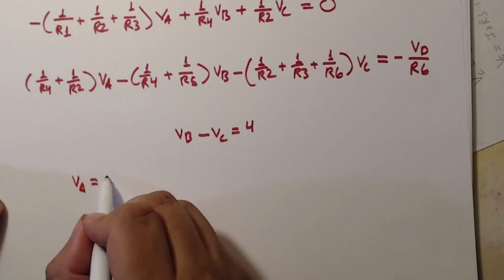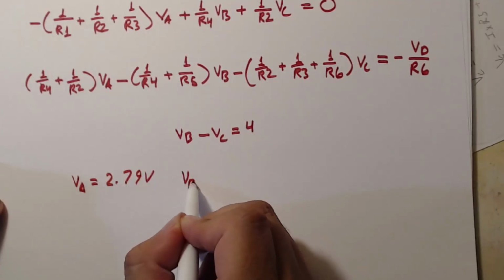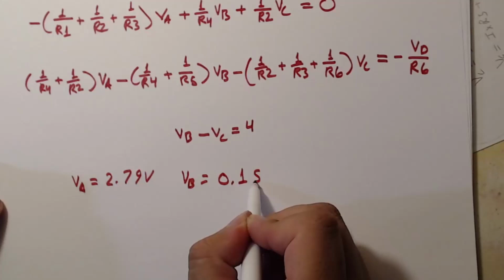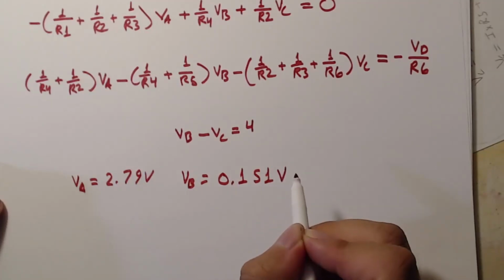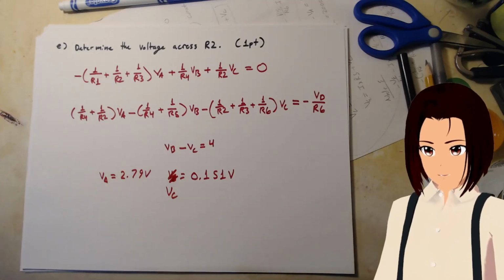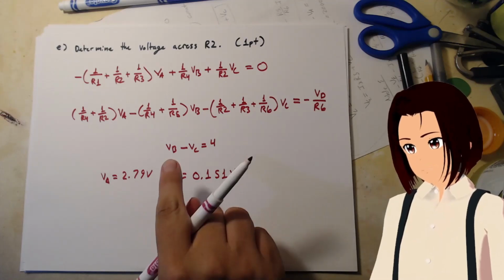We get VA equals 2.79 volts, and VB is equal to 0.151 volts. VC equals this. But we only need VA and VC. I made a little mistake there.